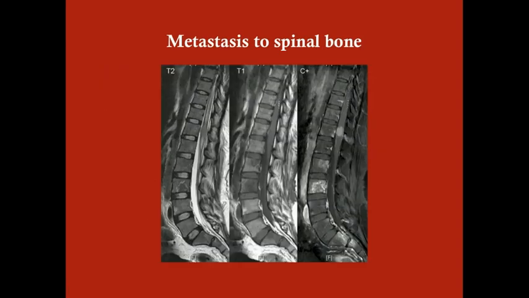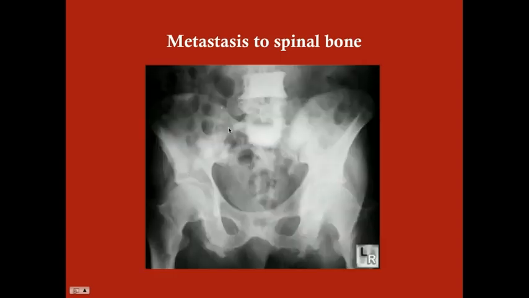This is an MRI of metastasis to the spinal bone, and these are lytic metastases. So you can see here lysis of the bone. This is a patient with breast cancer, where the metastases are going to be lytic. And this is a patient with prostate cancer, where you see metastasis to L3 and L5.